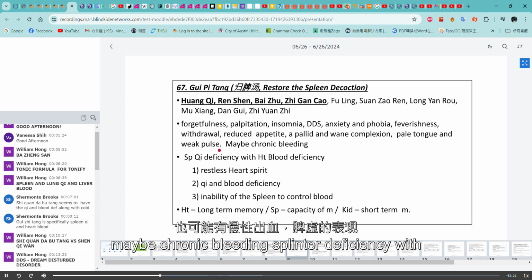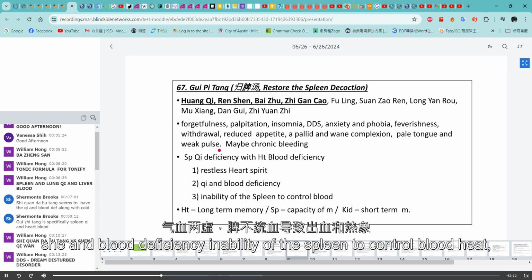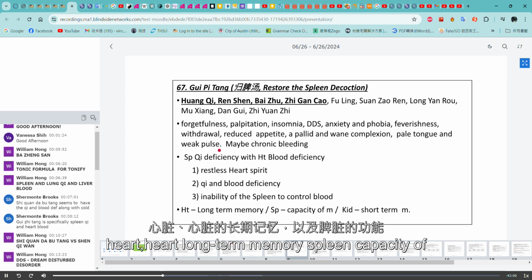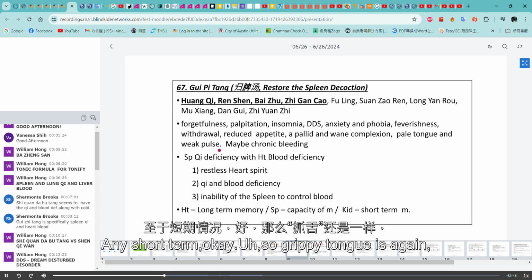Spleen Qi deficiency with heart blood deficiency, restless heart spirit, Qi and blood deficiency, inability of the spleen to control blood.